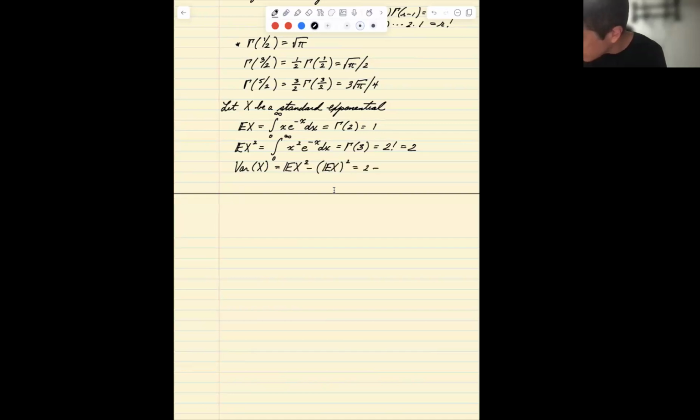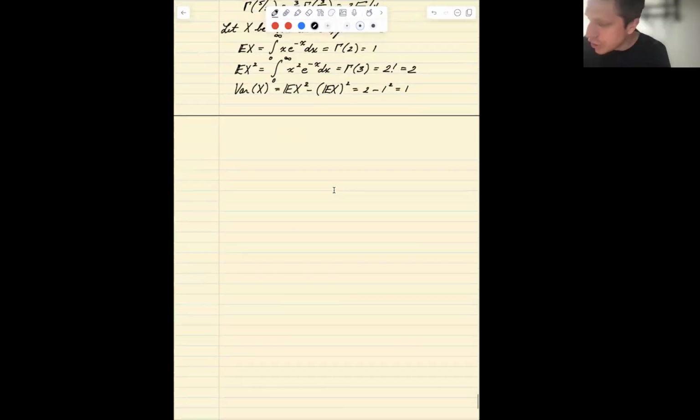So that's 2 minus 1 squared, that's 1. And just in general, the expectation of x to the power k can be expressed as the integral of x to the k e to the minus x dx, which is gamma of k plus 1, which is k factorial.